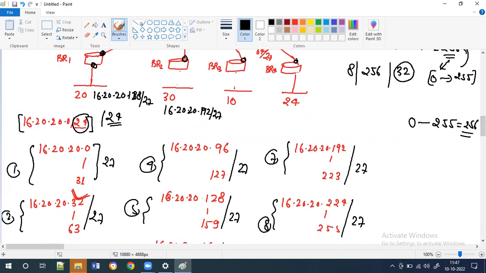So this is 160. Then 192/27, then 224/27. Right? We can achieve this.